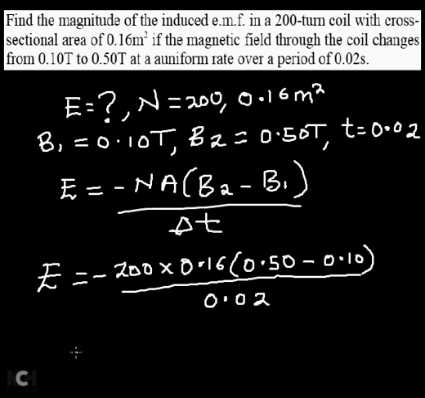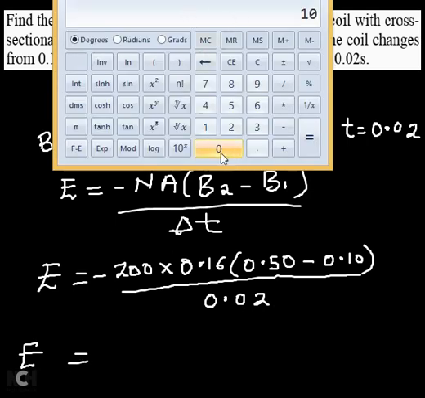So here we go, let's flow. I'm having 200 times 0.16, then times 0.4, then divided by 0.02.